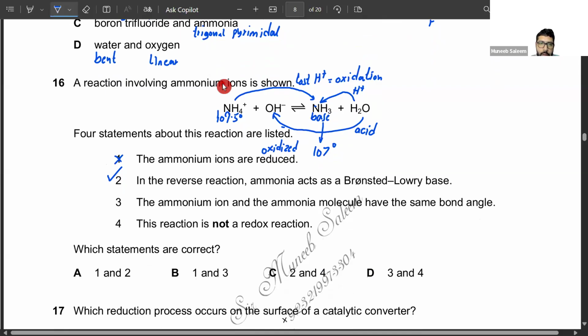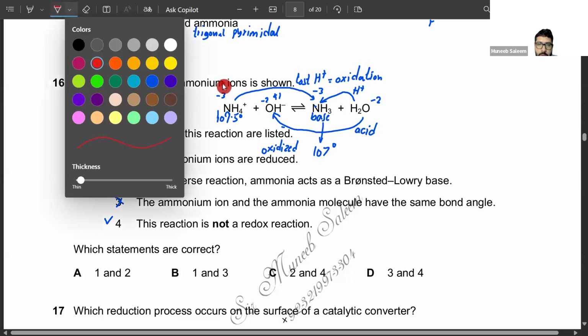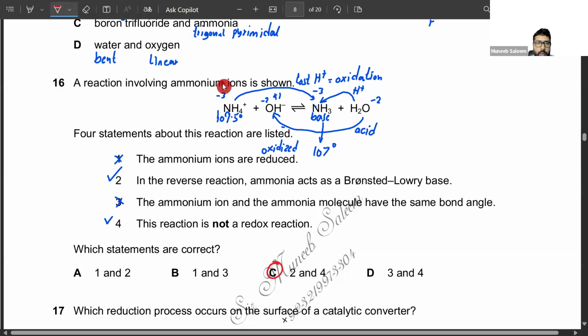So they are not the same bond angles. So 3 is incorrect. The 4th is the reaction is not a redox reaction. So that is correct because in all the cases, nitrogen will have -3 charge. Hydrogen will have +1 charge in all the compounds, and oxygen will have -2 charge in all the cases. So it's not a redox reaction. That is also correct. That means C is the correct answer, having options 2 and 4 correct.